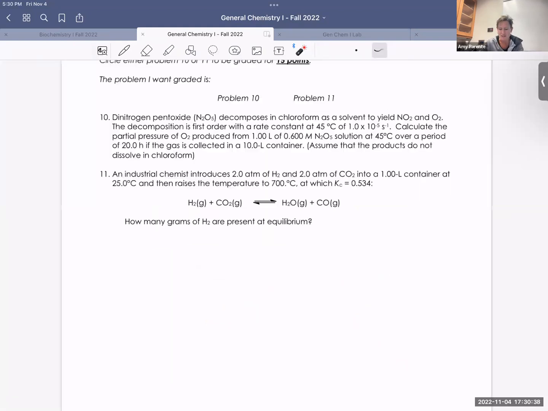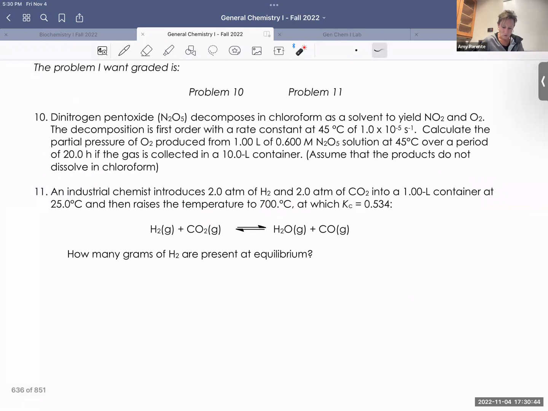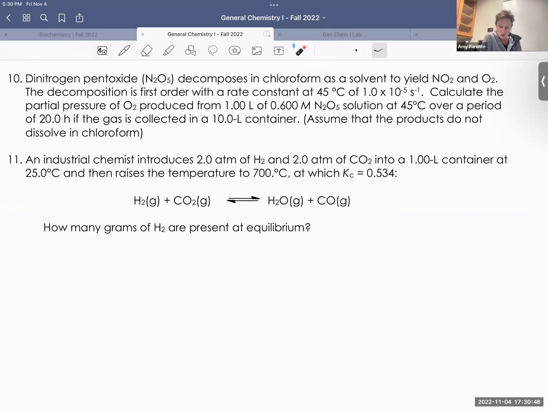And then we have run longer than the hour that I anticipated. So let's do our equilibrium problem. Okay.